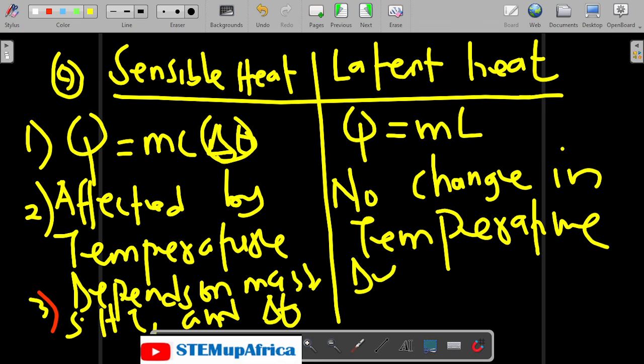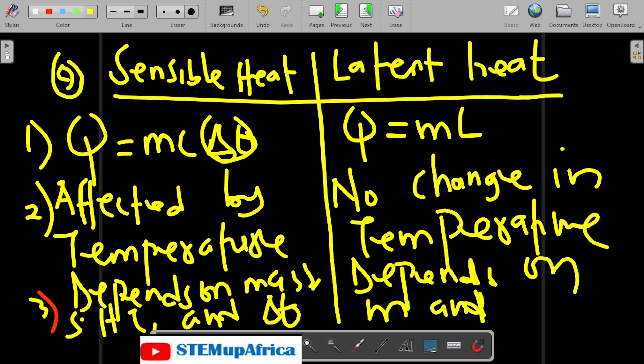This one depends on mass and the specific latent heat. So those are the 3 differences between both of them.